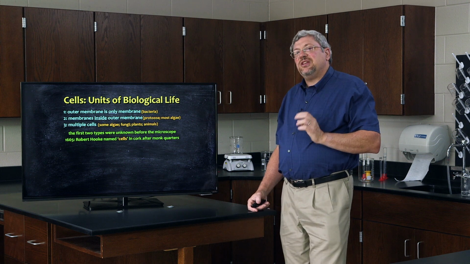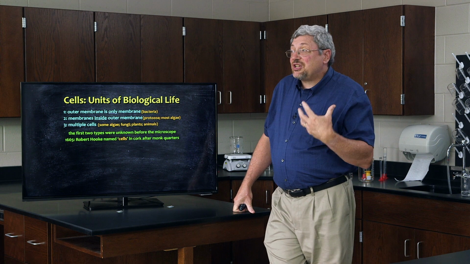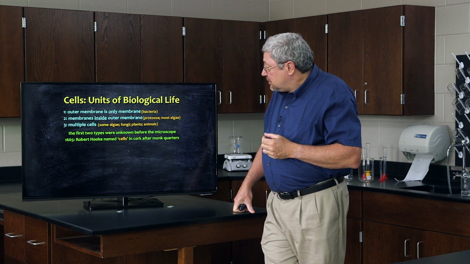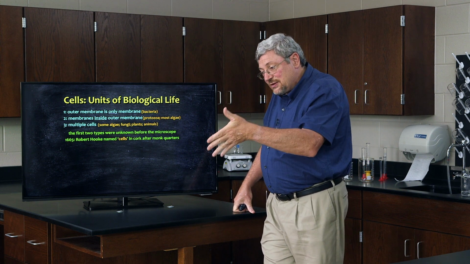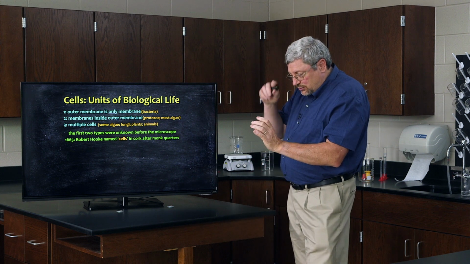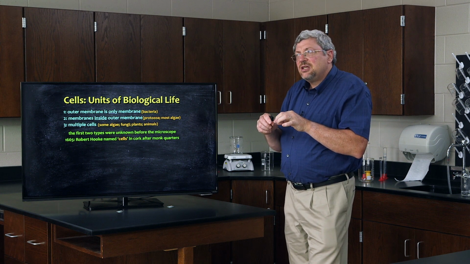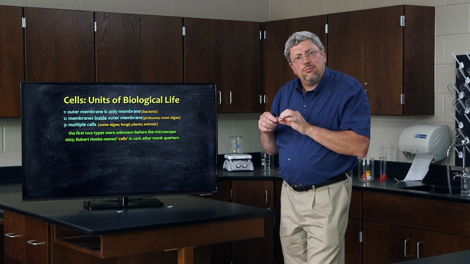In 1665, though, Robert Hooke used a newly developed microscope to look at, in this case, cork, and realized that under the microscope he's finding little tiny cavities, little tiny rooms.